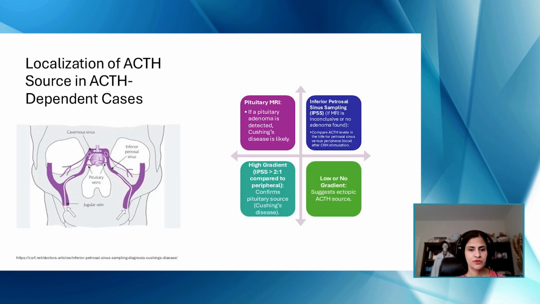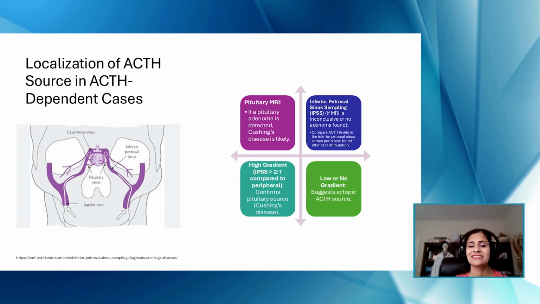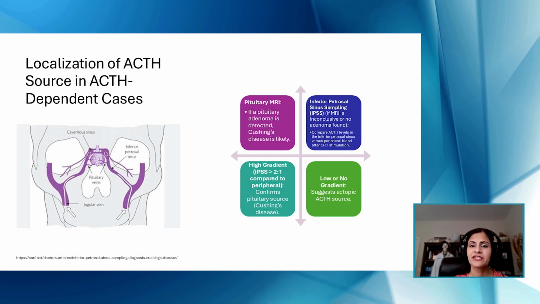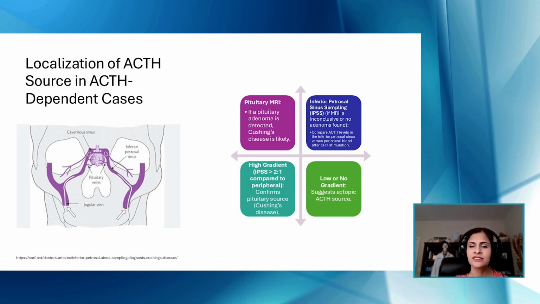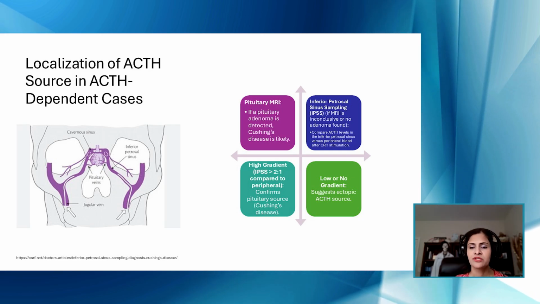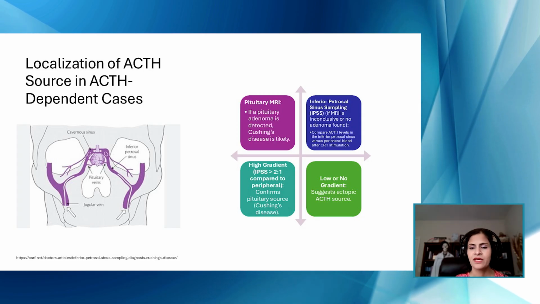This slide shows the localization of ACTH source in ACTH-dependent cases. IPSS is the gold standard to differentiate ectopic Cushing's from pituitary Cushing's. If you do your pituitary MRI and a pituitary adenoma is detected, Cushing's disease is likely.